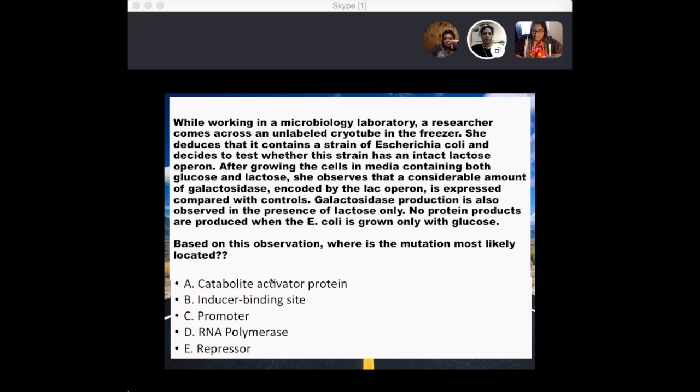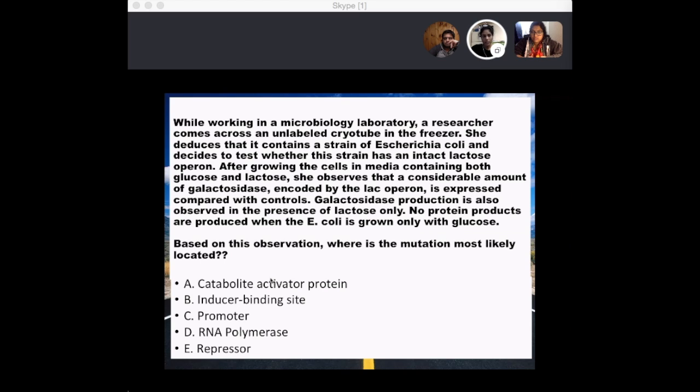Okay, so next one. While working in a microbiology laboratory, a researcher comes across an unlabeled cryotube in the freezer. She deduces that it contains a strain of E. coli and decides to test whether this strain has an intact lactose operon. After growing the cells in media containing both glucose and lactose, she observes that a considerable amount of beta-galactosidase encoded by the Lac Operon is expressed compared with controls.